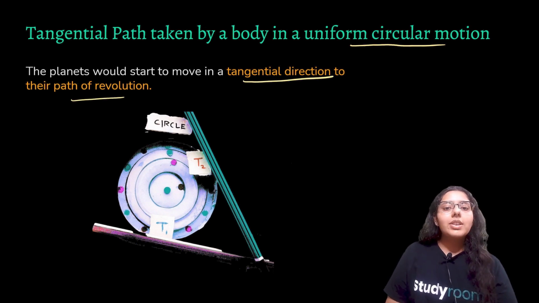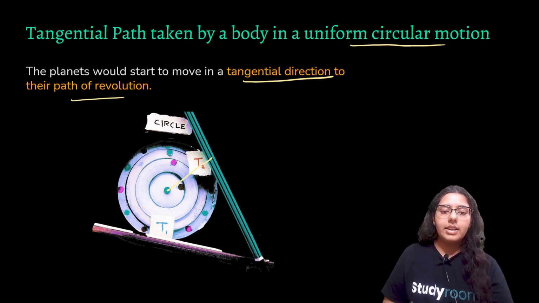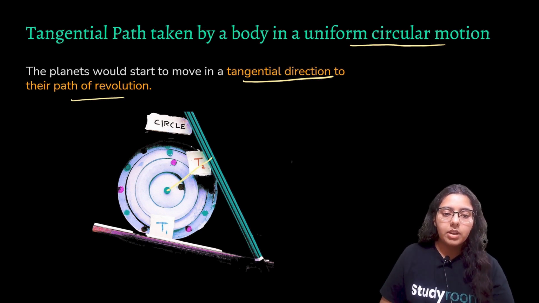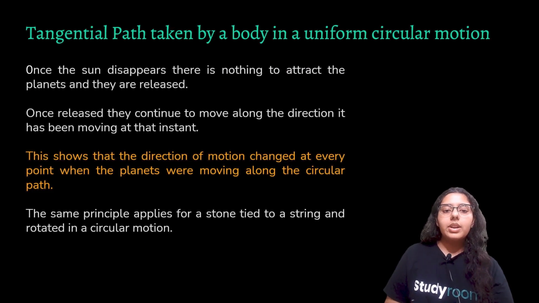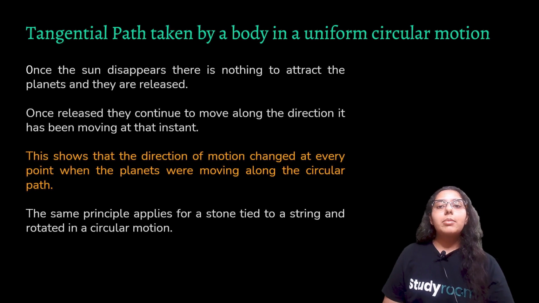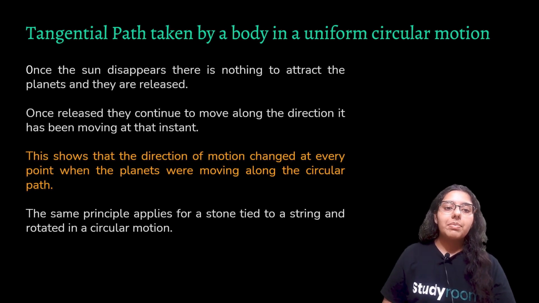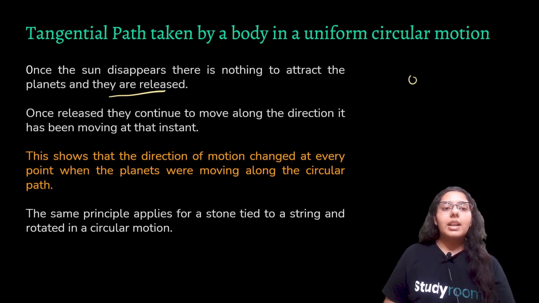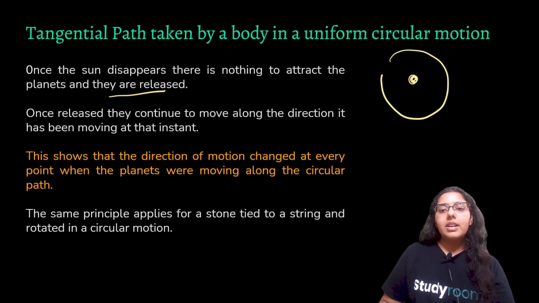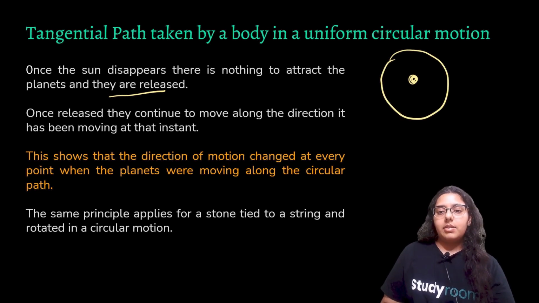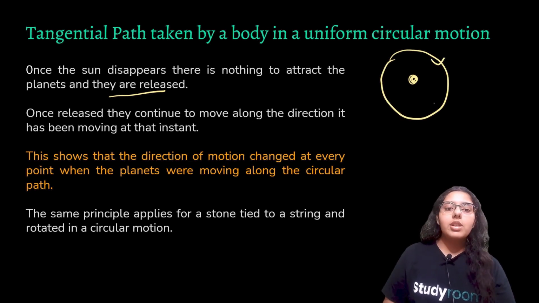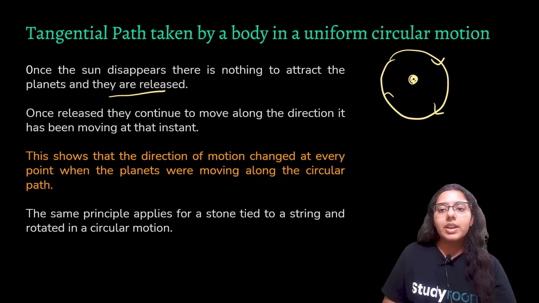The sun was the force which was controlling the planets, and they were moving in circular motion. But if the sun disappears, then planets will not move in circular motion anymore. They will follow a tangential path. For example, this is one planet, so it will go in a tangential direction, perpendicular to the radius.